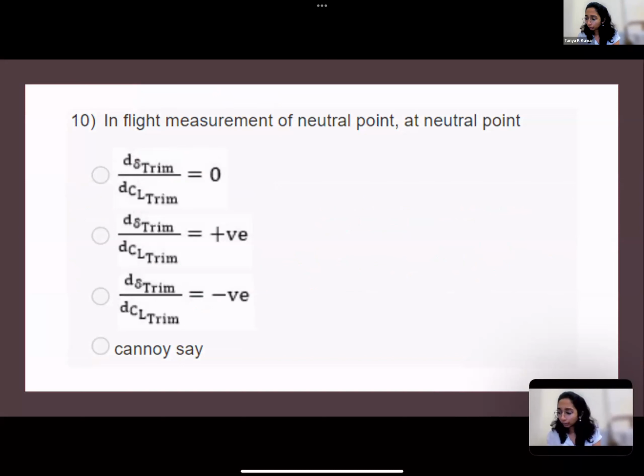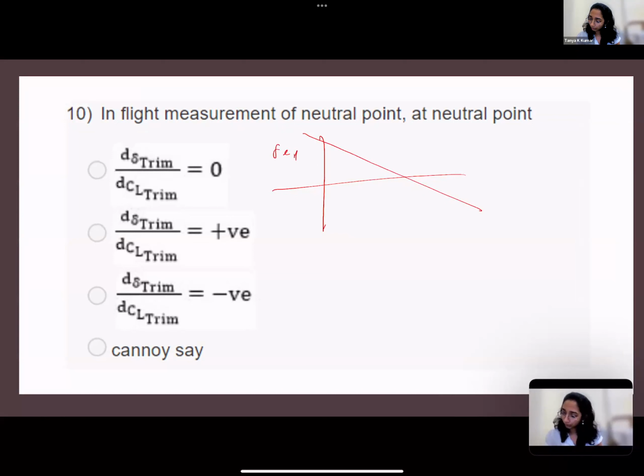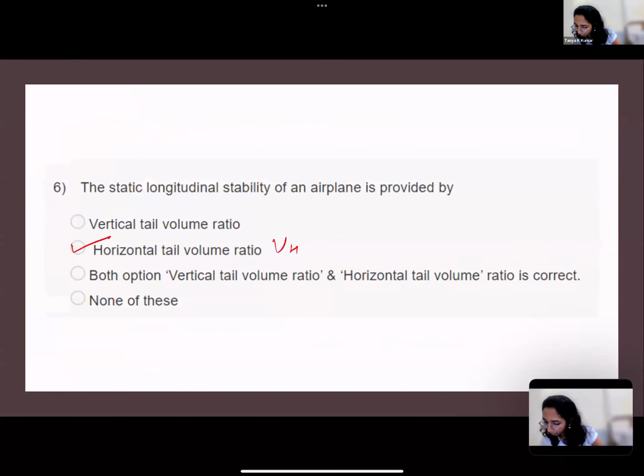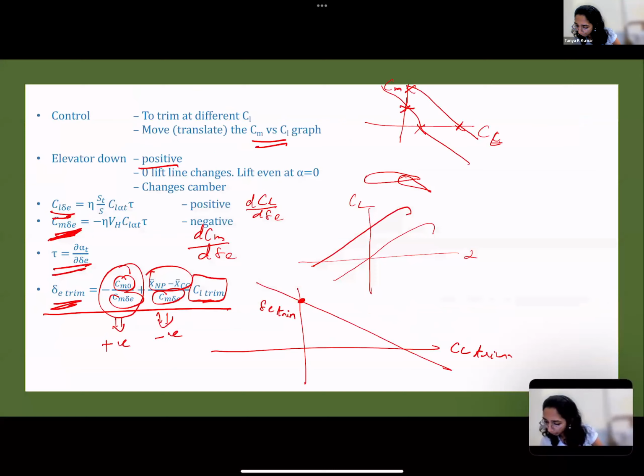In-flight measurements of neutral point. At neutral point, your d delta E trim by dCL trim, that graph that we just saw, delta E trim and CL trim. Okay, this was the graph that we saw, and this was the equation.